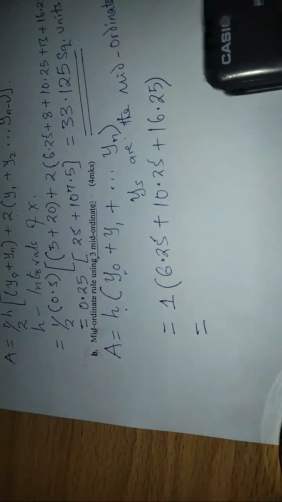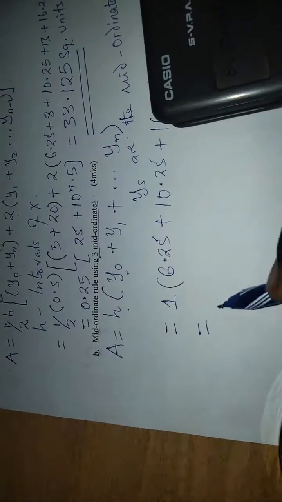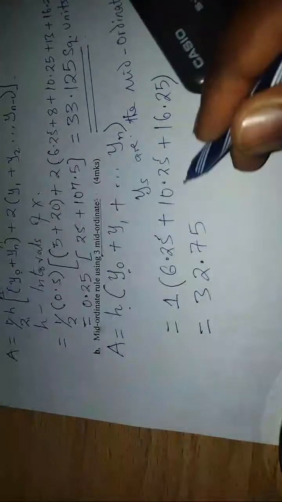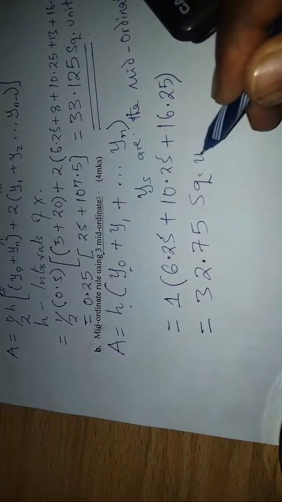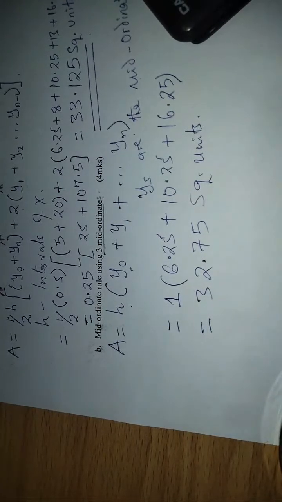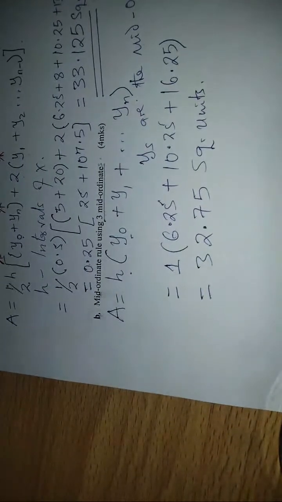This is going to give me exactly 32.75 square units. This is the value of the area when I use the mid-ordinate rule.